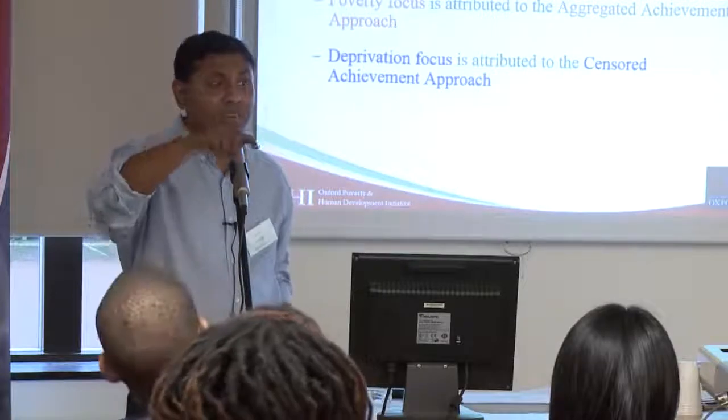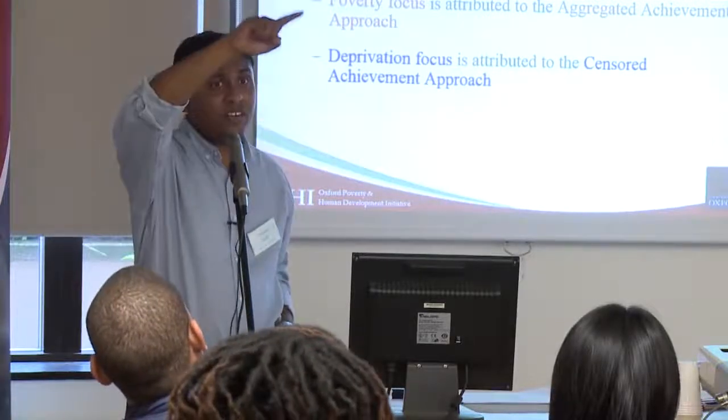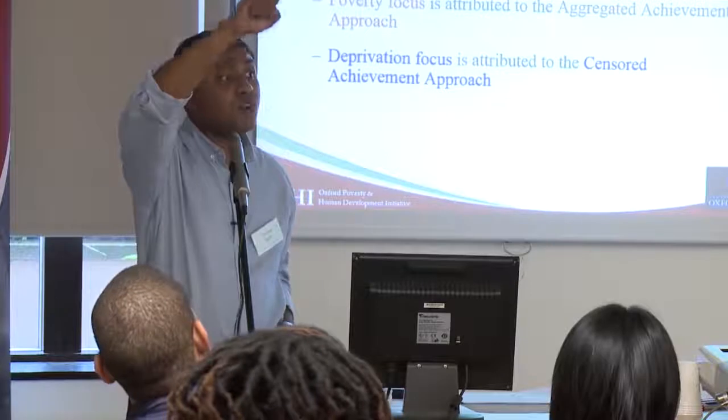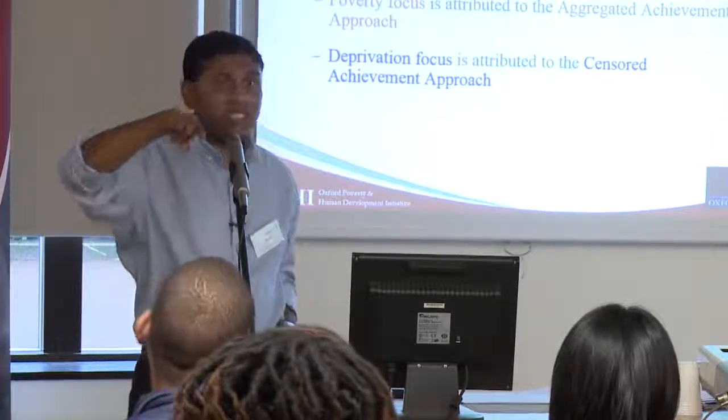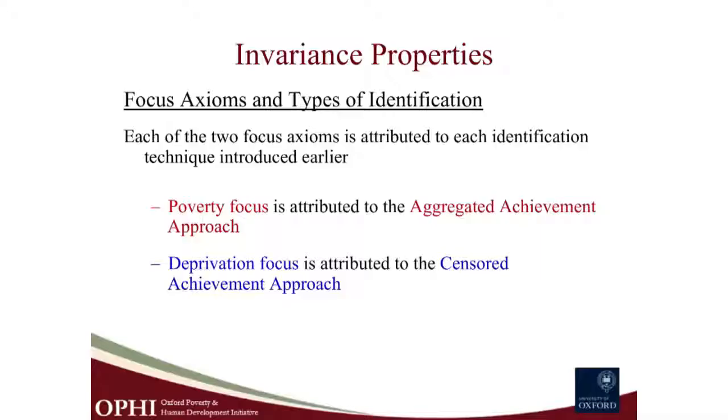So even if that person has an increase in their non-deprived dimension, poverty changes. So it fails to satisfy the deprivation focus. But it satisfies poverty focus, because if you identify somebody as non-poor, no matter what happens, there is no change in poverty.